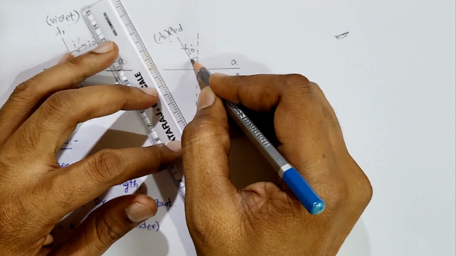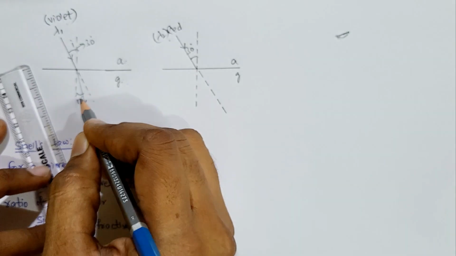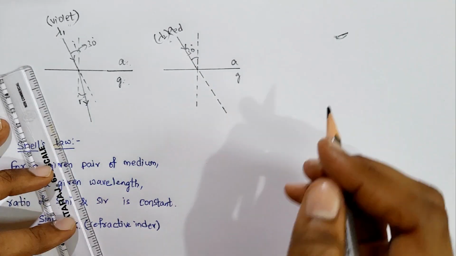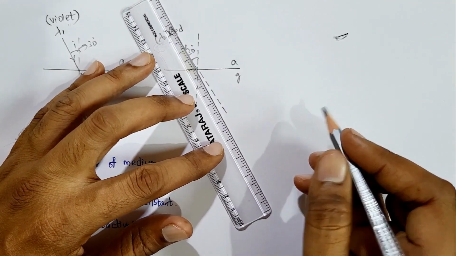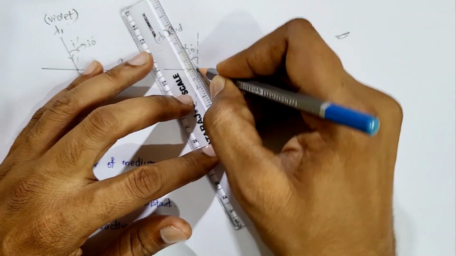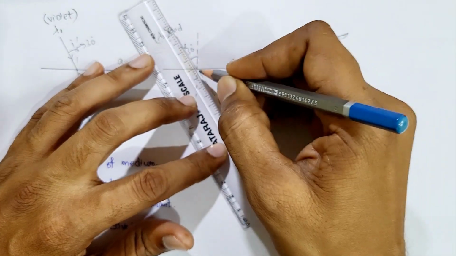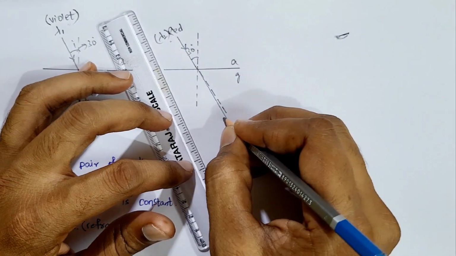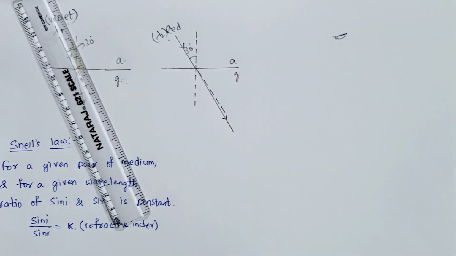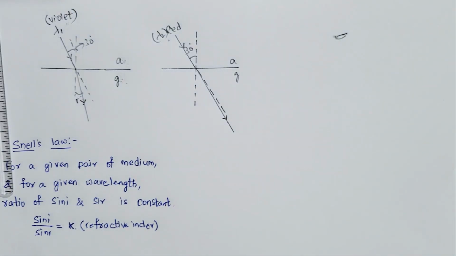This light ray will not go through the same amount of refraction. If the light ray did not go through the same amount of refraction, the amount of bending will be less. If the amount of bending is less, then the refracted light ray will be close to the extended incident light ray path like this. Okay na?